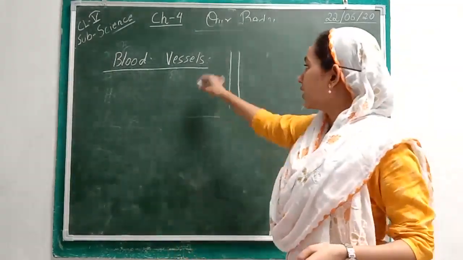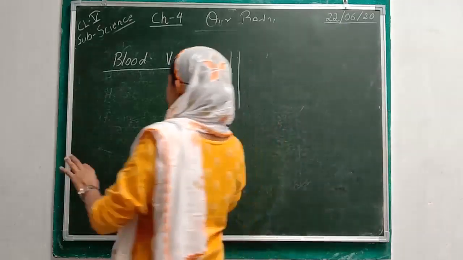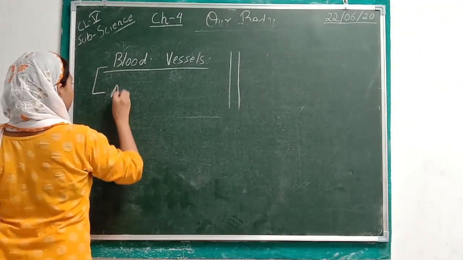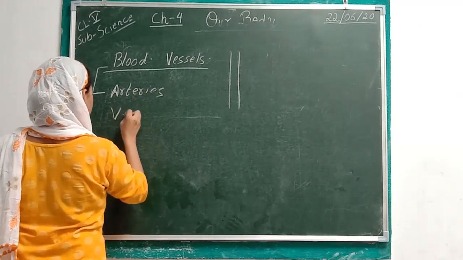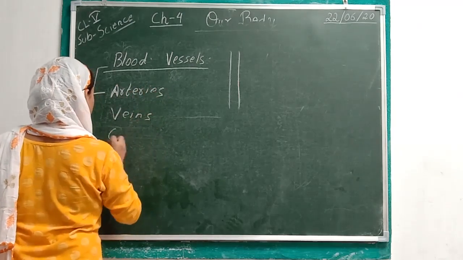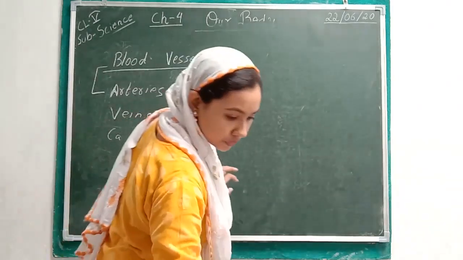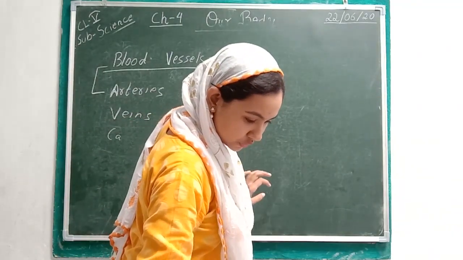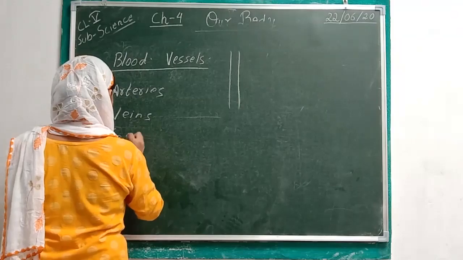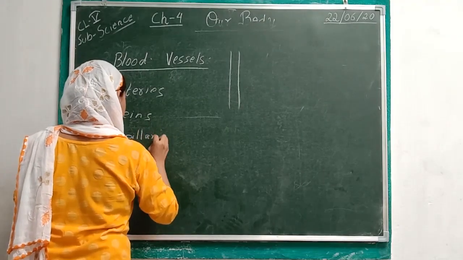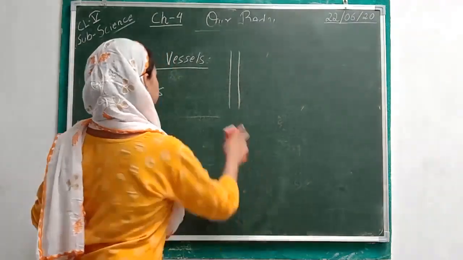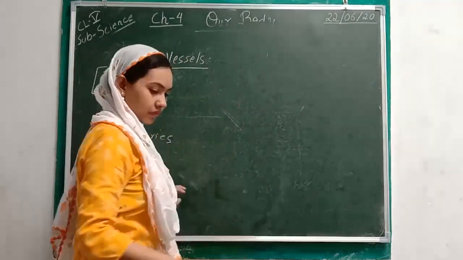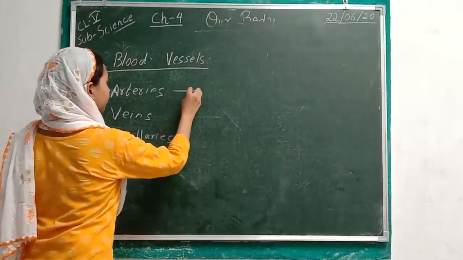Alright. These blood vessels are generally of three types. What are they? They are arteries, veins, and capillaries. Now, what are arteries?